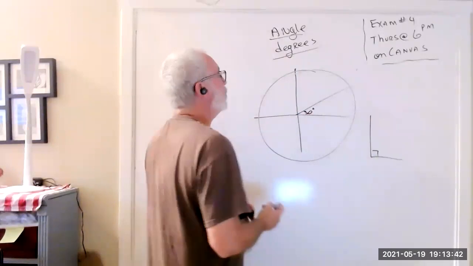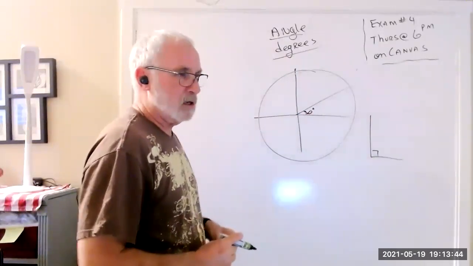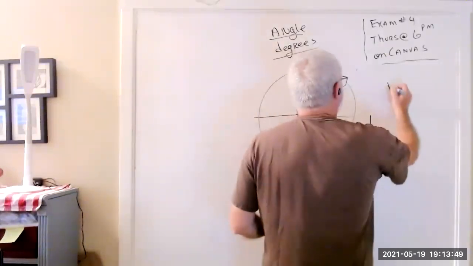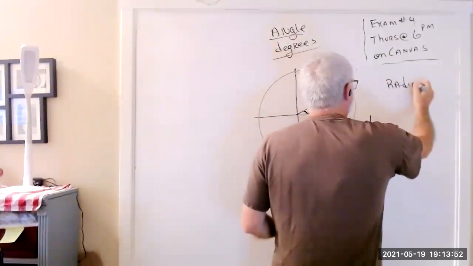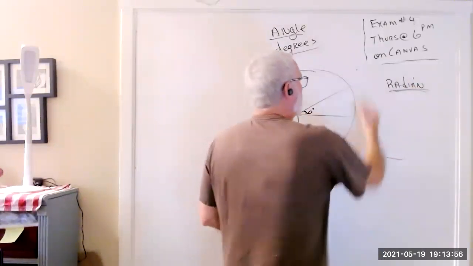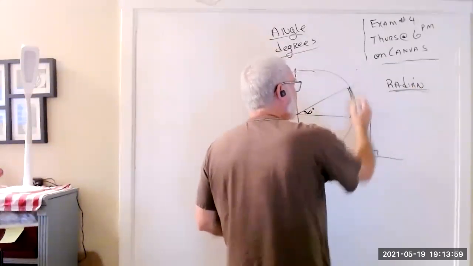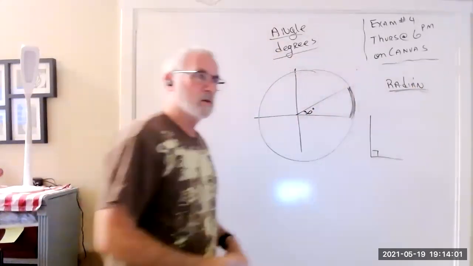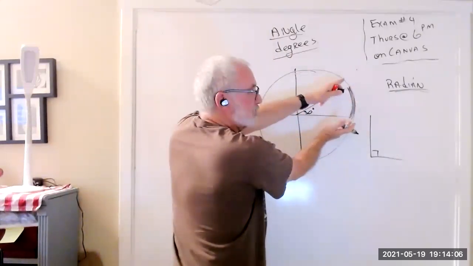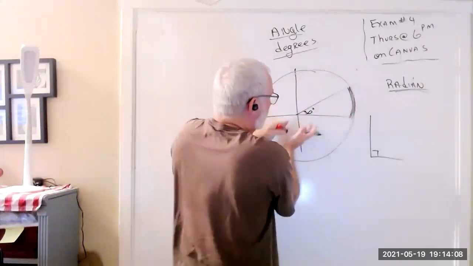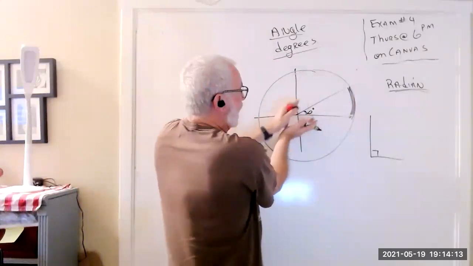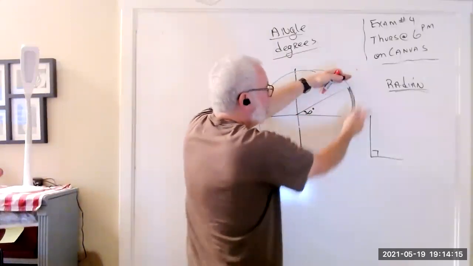But there's another way to measure an angle, and that's with something called a radian. A radian measures the arc length. If you say, hey, I want to go up here a certain amount, it will make an angle. Or if you say I have an angle, it will make an arc length.